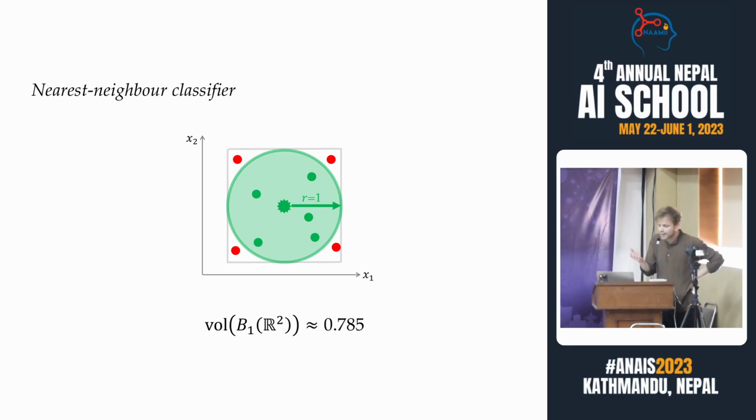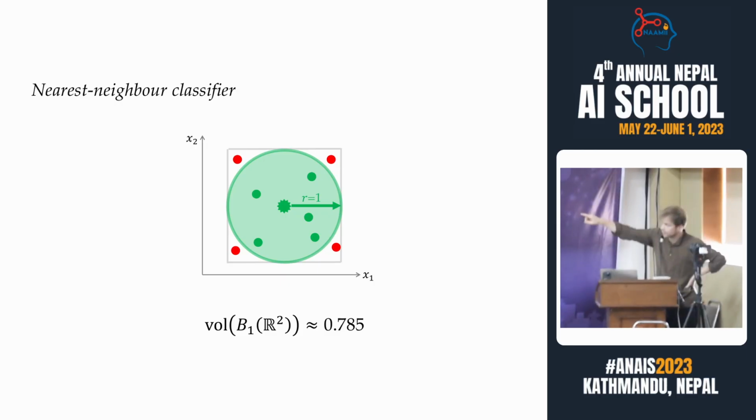So in this idealized assumption, we have just one labeled point in the center, and our nearest neighbor classifier will classify a point correctly if it has a label at a distance r from this point, right? So in this image, all the green points are going to be classified correctly because you have a labeled point near them, but the red points won't be classified correctly, right?